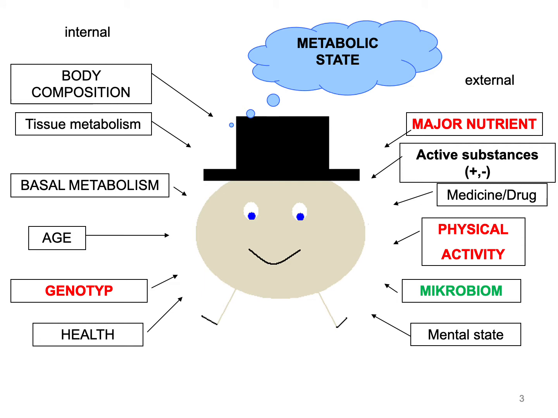First, we have to see which are the factors which influence the metabolic state of a human or an animal. It is influenced by internal and external factors.